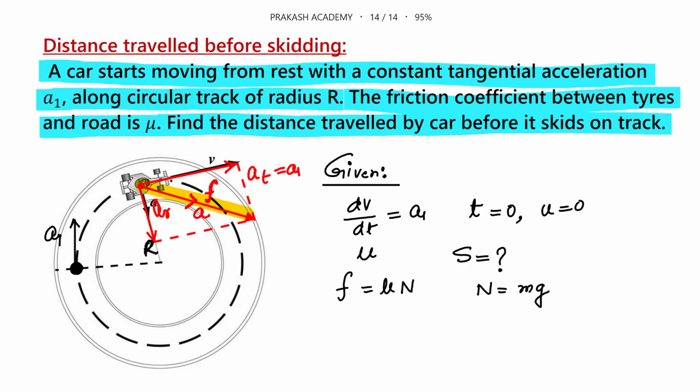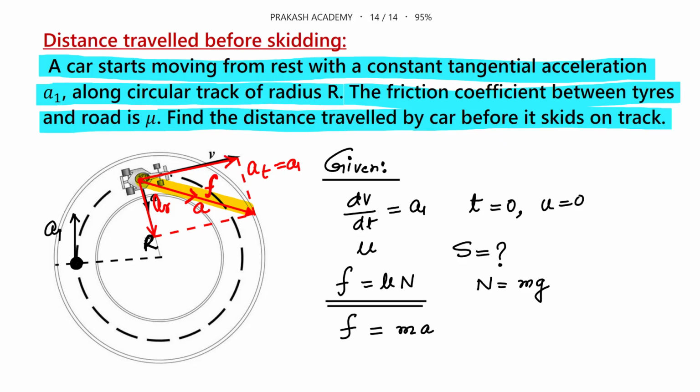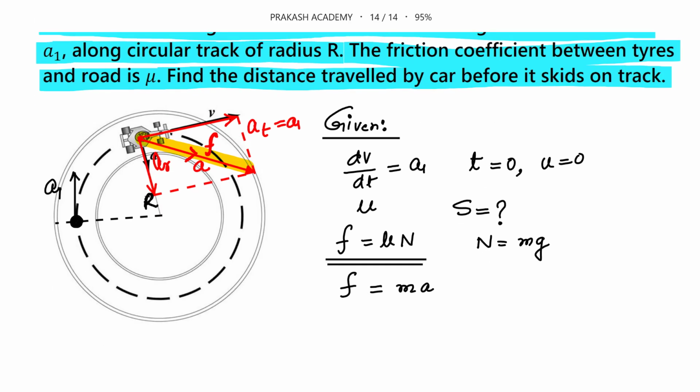Now you have to find the distance traveled. The maximum friction force required you can calculate either using this, or you can also calculate the friction force as m times a, mass times acceleration. There are two components of acceleration, radial acceleration and tangential acceleration, so you can calculate the resultant acceleration.